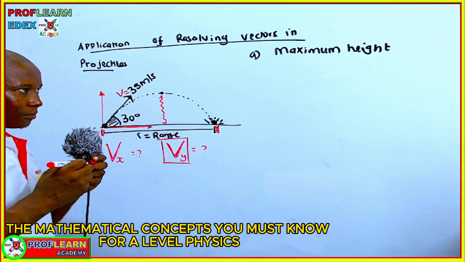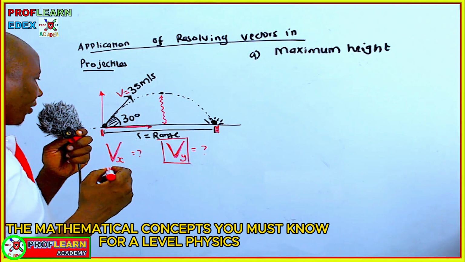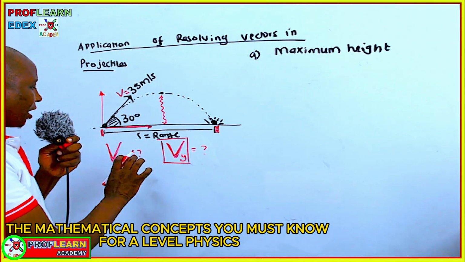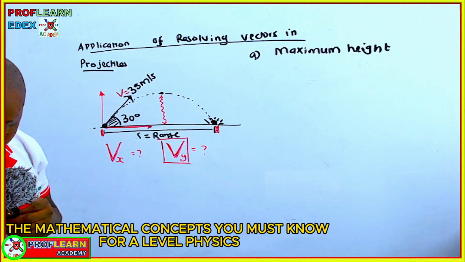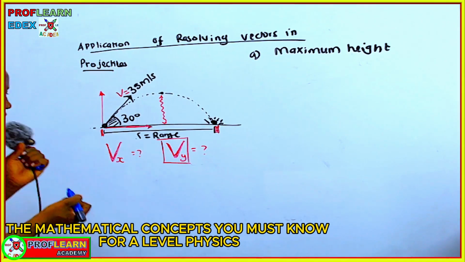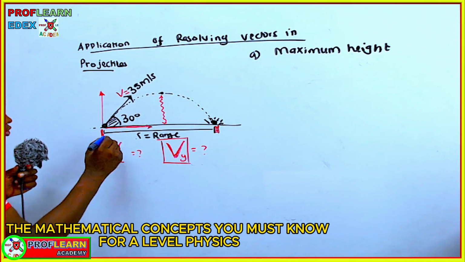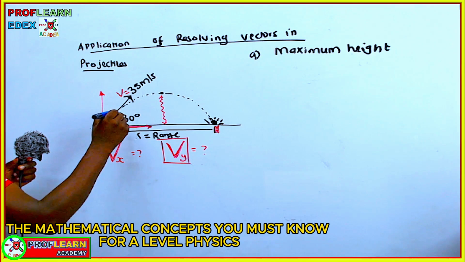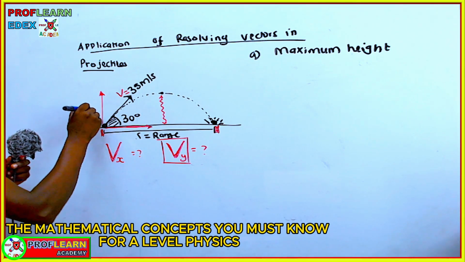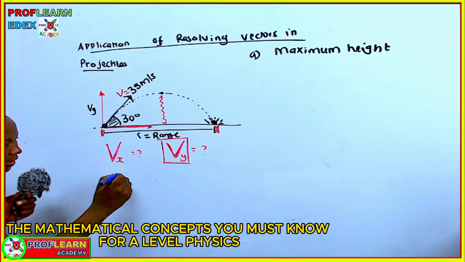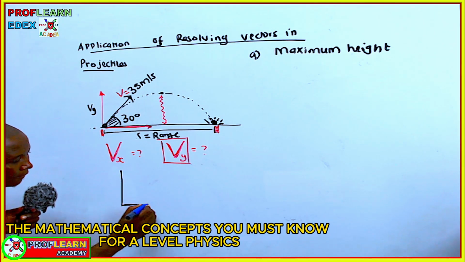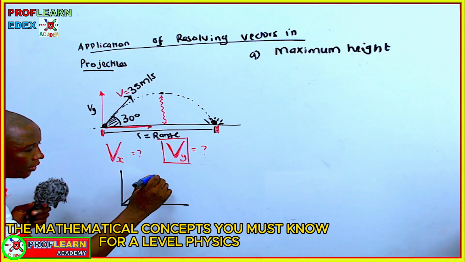Now, this brings us to a point where we can resolve this. And to resolve this, first things first, we are going to use SOH CAH TOA. So if we are finding this vertical component, v in the y direction, we can extract a triangle and say we are resolving this.